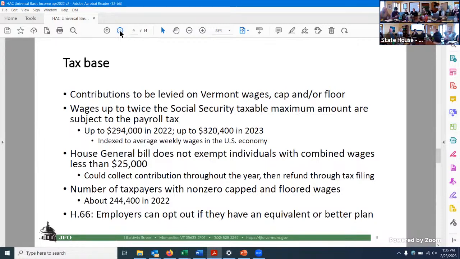I think overall we were about 400,000 workers. That's individual people tied together by a social security number. One person with 3 jobs doesn't show up as 3 in that number. It shows up as one person. So there are a significant number of people who are earning below that threshold. Representative Anthony, did you have a question about the 25,000?